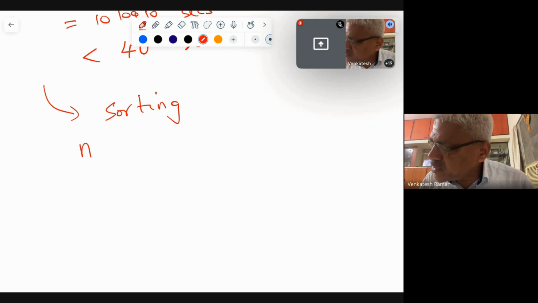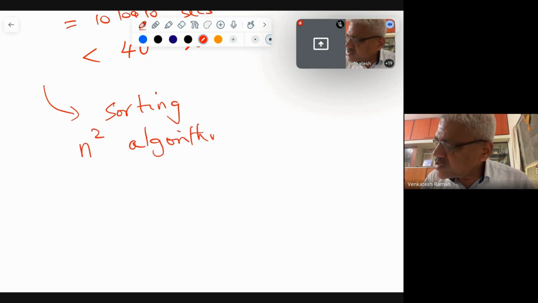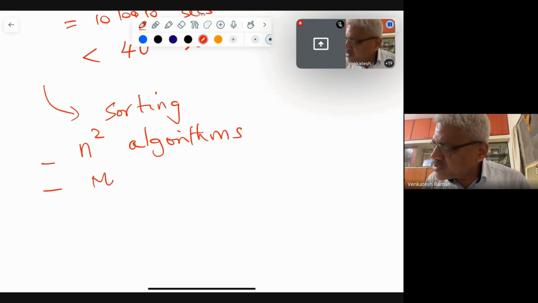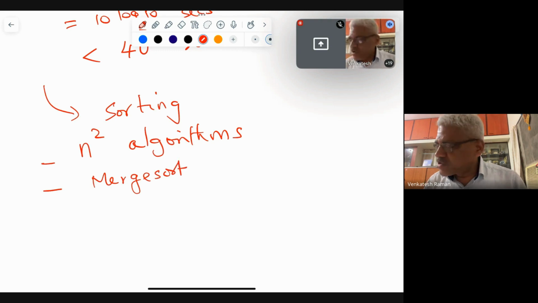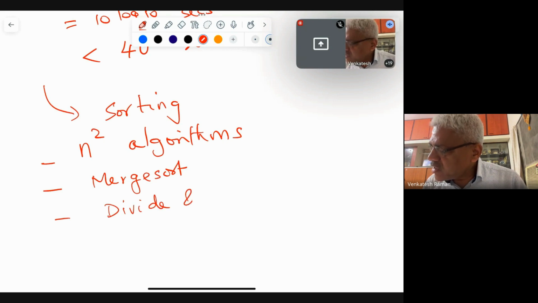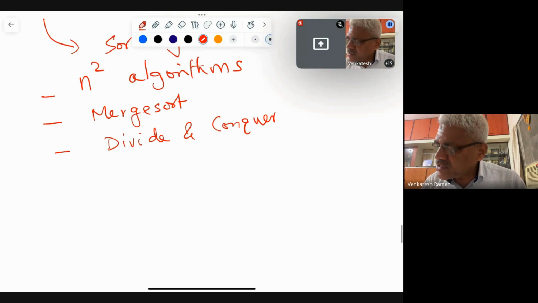Then you do some simple n square algorithms, insertion sort, selection sort, and then eventually get to merge sort, merging and merge sort, divide and conquer algorithmic technique. How do you analyze merge sort? Well, it's a recursive algorithm, so you need to get on to recurrence relation.